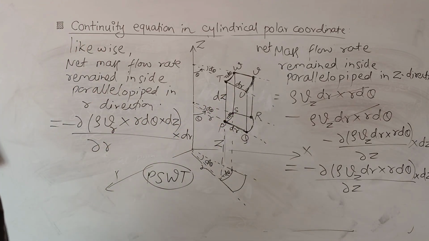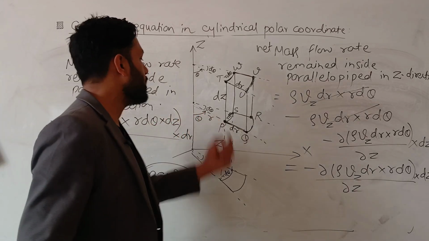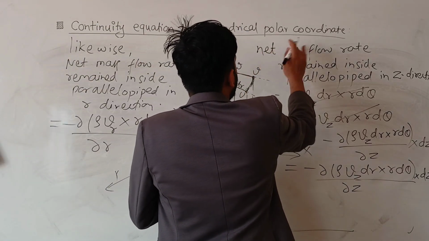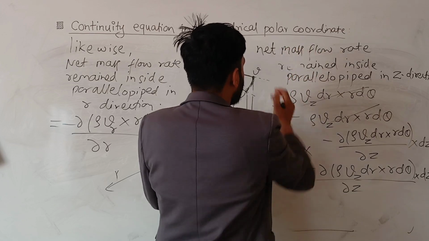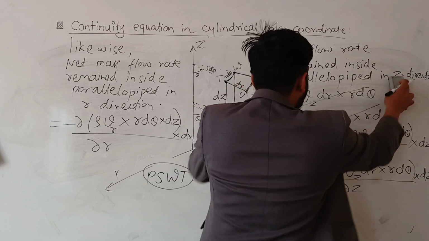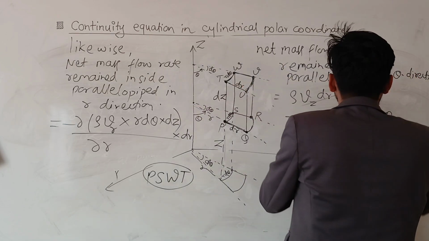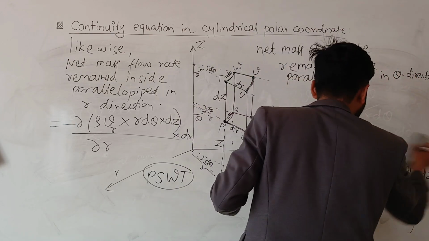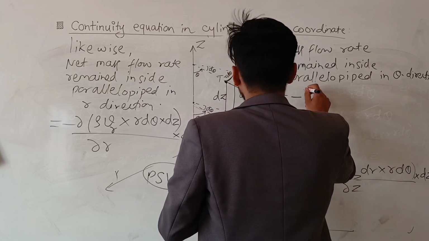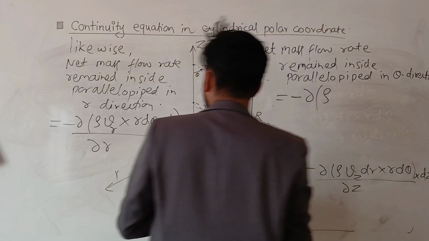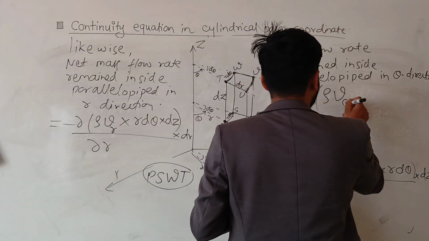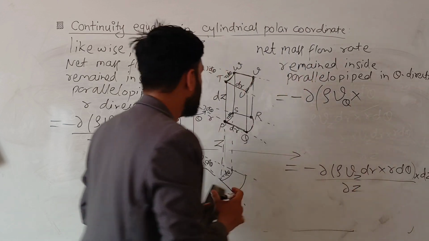So likewise in the angular direction theta, net mass flow rate remained in the parallelepiped in the theta direction. You can write likewise here, that is minus del rho, you have been doing br here, in theta direction you have to write b theta into what is the area in theta direction, okay?